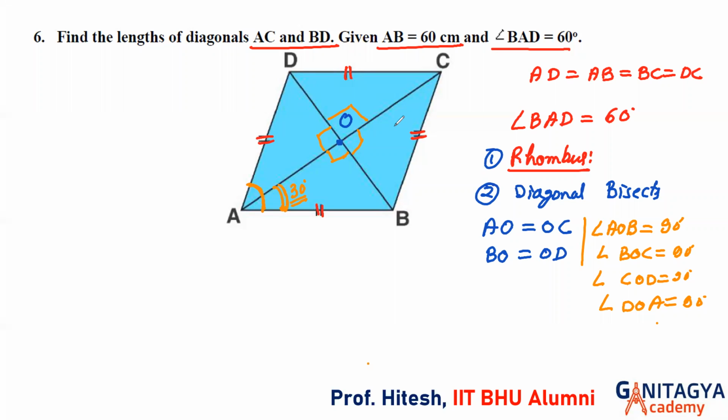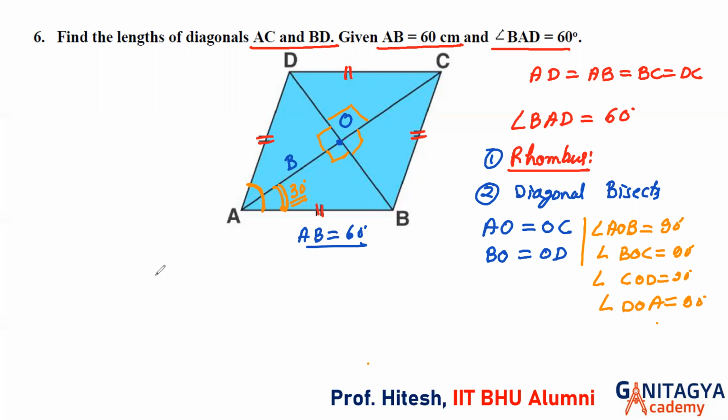So now you can find out AB. AB is how much? 60. So can you find OA? This is hypotenuse and this will be base.